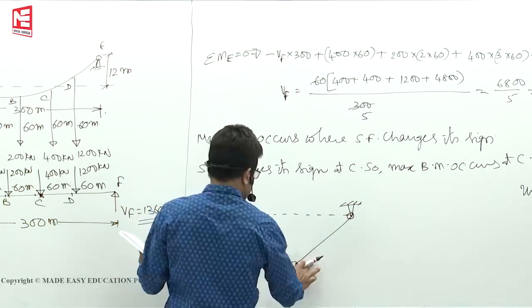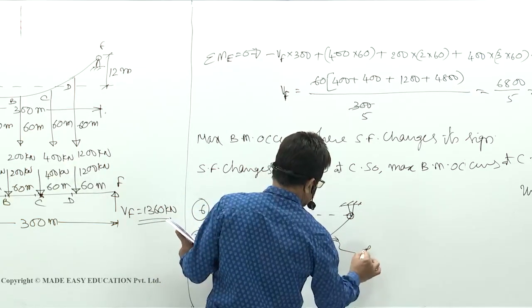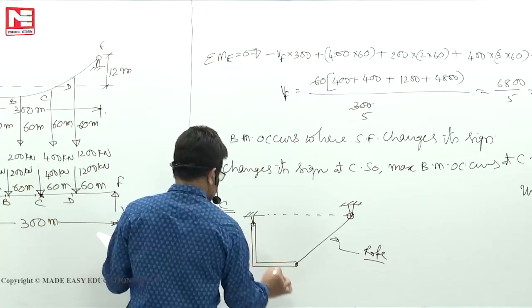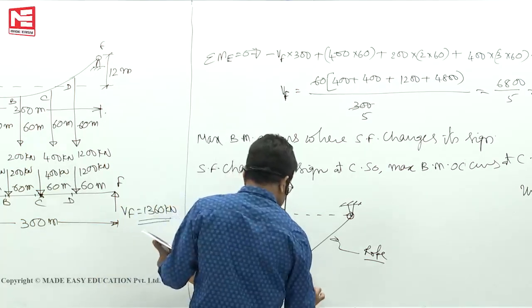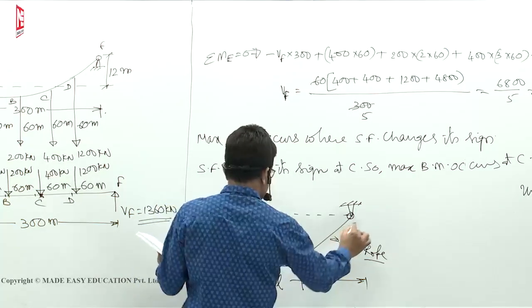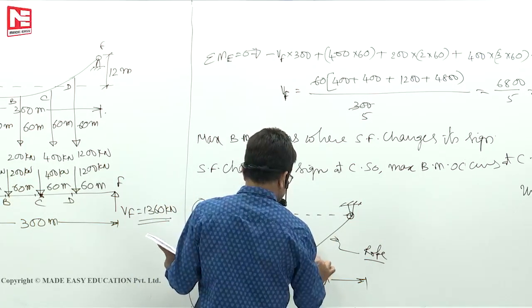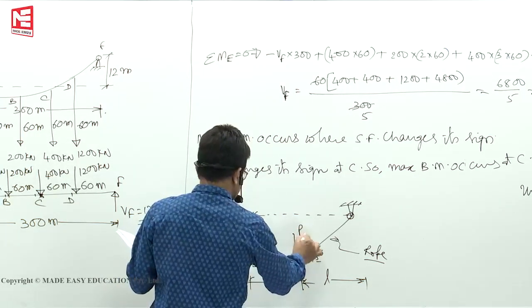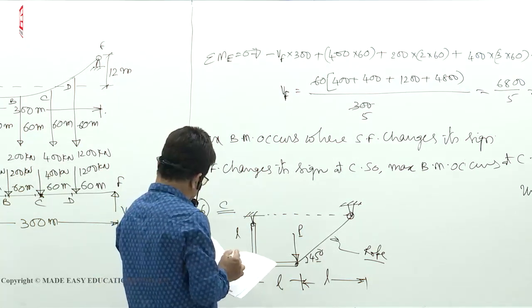Rope or cable, whatever way you want to take it, it can only take tension. Rigid arm, this length is L. This horizontal length is also L. Height is also L, means the angle of inclination is 45 degrees. You applied a load P here.